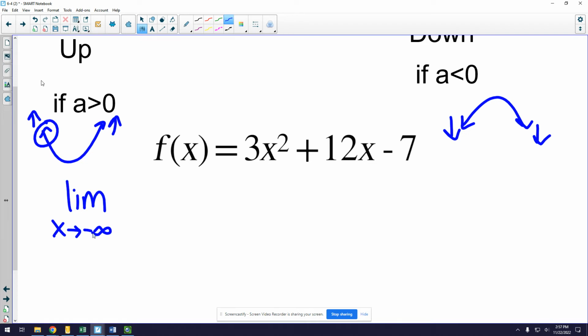And in this specific lesson, in all quadratics, when you go left, if it goes up, then if you're going right, it's also going to go up. So this is going to also equal the limit as x goes to positive infinity.